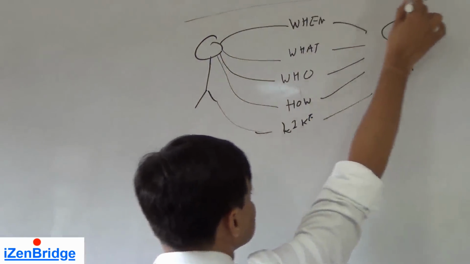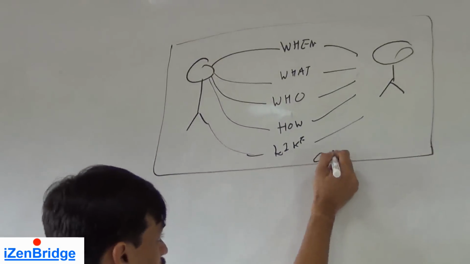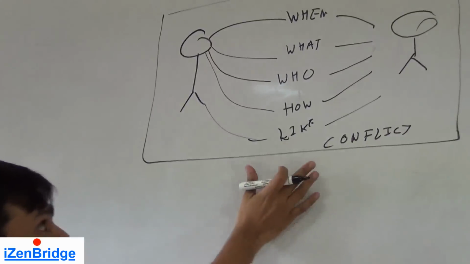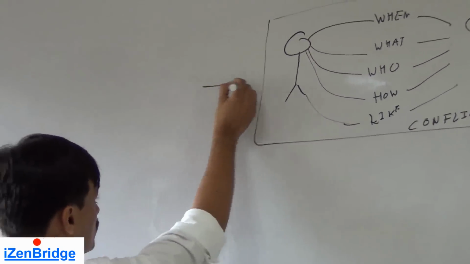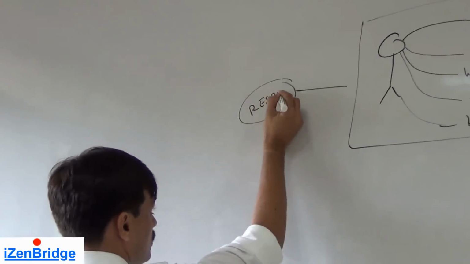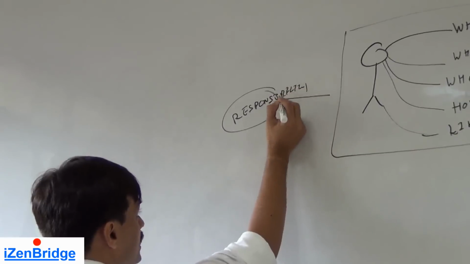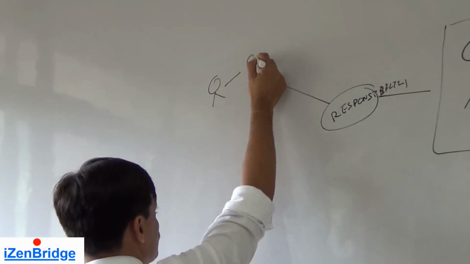Now, when we get this, what to do further? Here we are in conflict. Who should take action to resolve these things? So let's talk about responsibility. It is said that people who are in conflict should resolve it themselves.